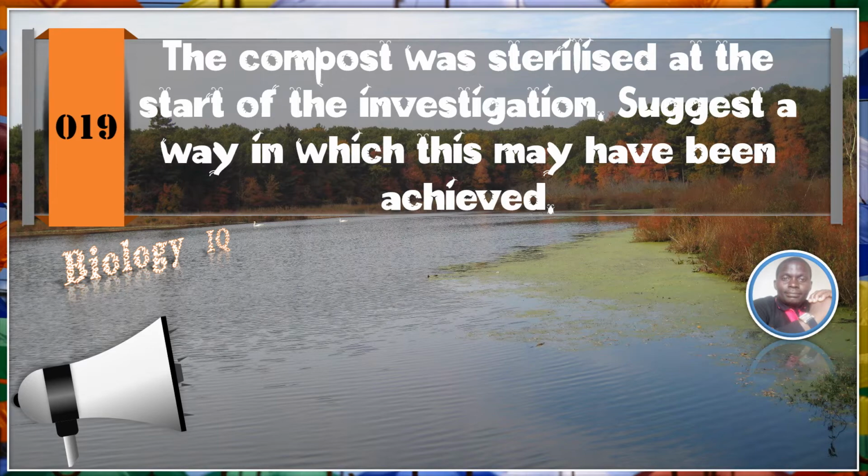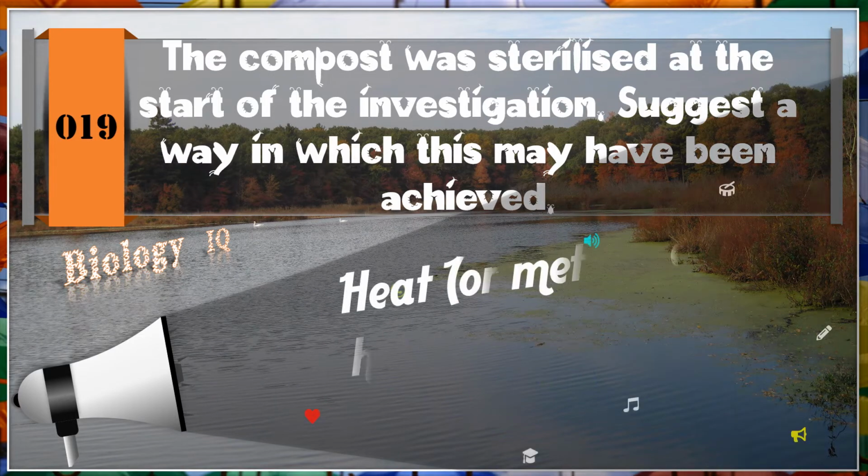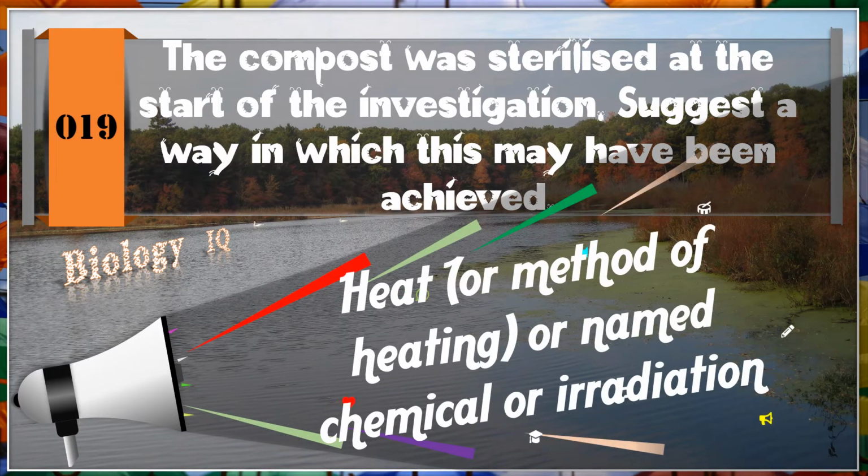The compost was sterilized at the start of an investigation. Suggest a way in which this may have been achieved. Heat or method of heating, or named chemical, or irradiation.